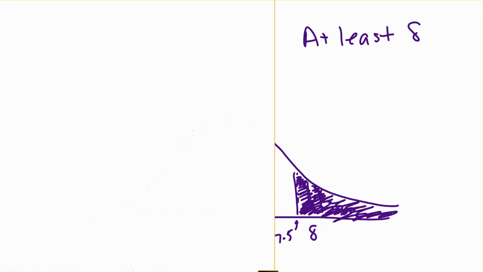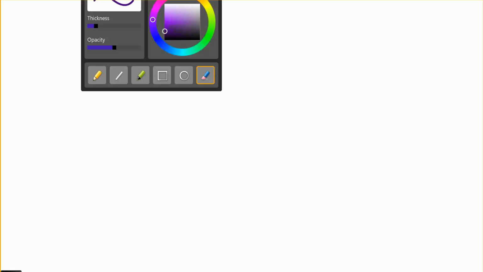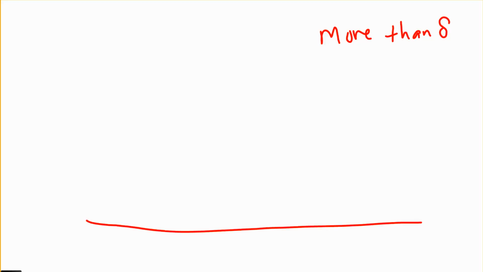So instead of at least 8, let's do more than 8. Let me use a different color this time. So if we do more than 8, if it's more than 8, do we include 8? And the answer is no. If we want to include 8, we'd say at least 8, and that's the one we just did.